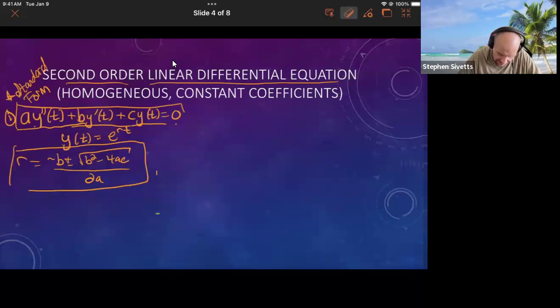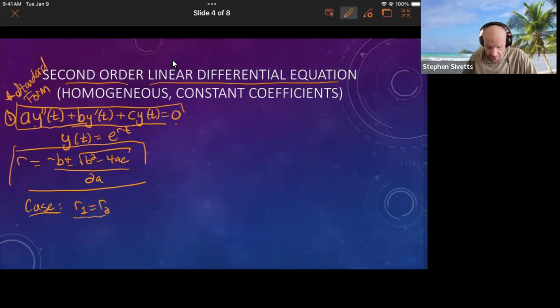Also, we'll have a case in the quadratic formula where we have two roots that are the same number. So we'll have another case if R1 equals R2, if you have two roots that are the same number.